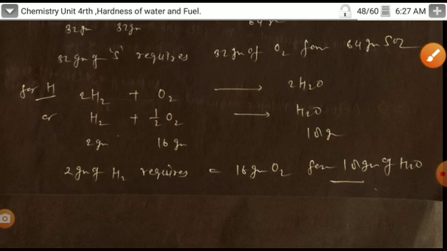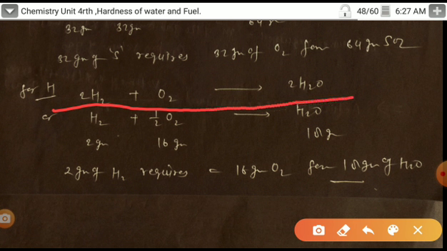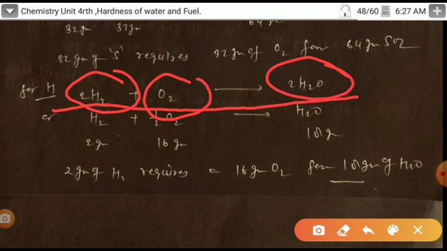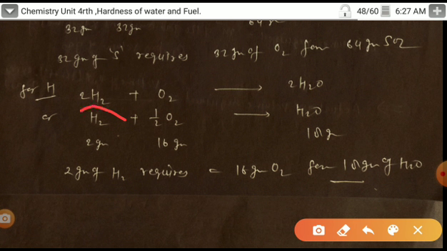In the reaction for the combustion of hydrogen fuel, 2 moles of hydrogen need 1 mole of oxygen, and 2 moles of water vapor will be formed. Dividing by 2, 1 mole of hydrogen needs only half a mole of oxygen to form 1 mole of water vapor.